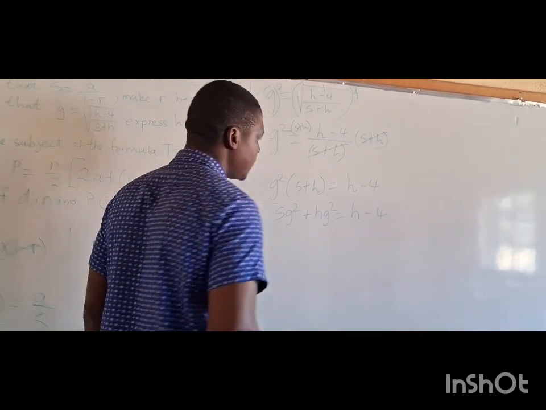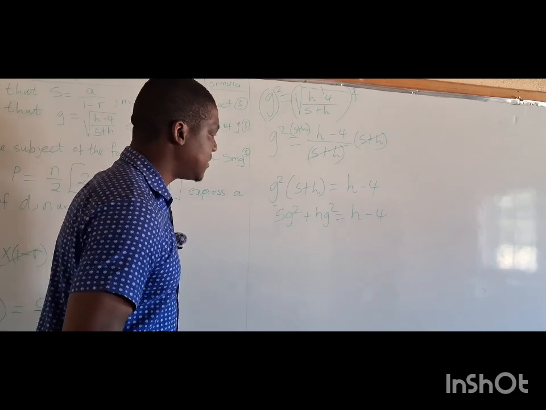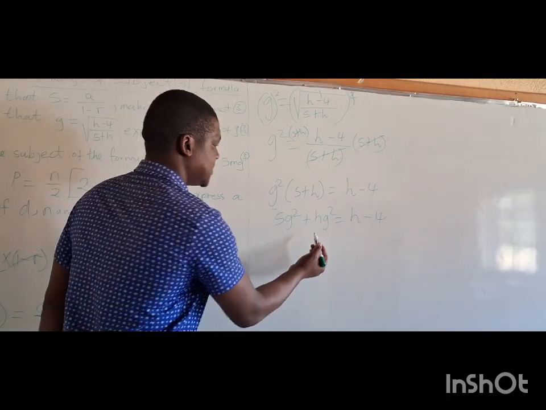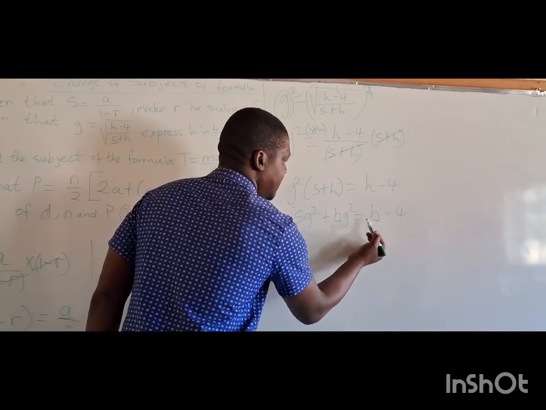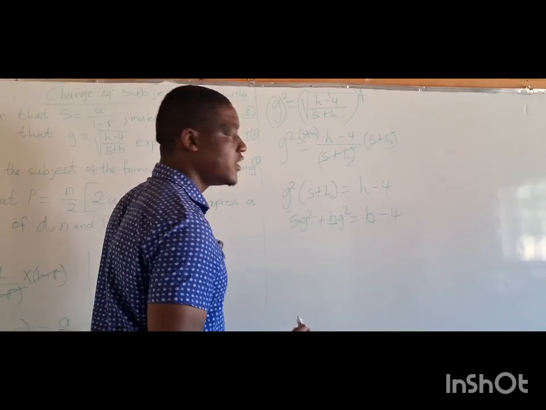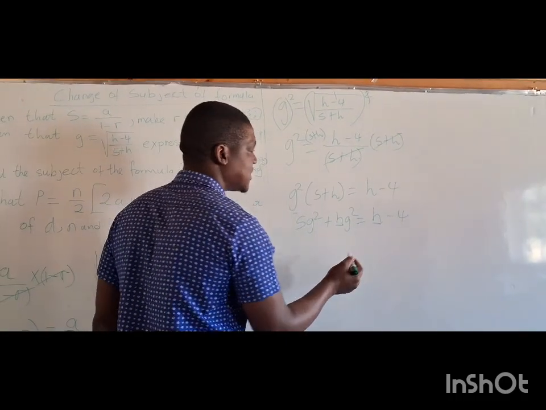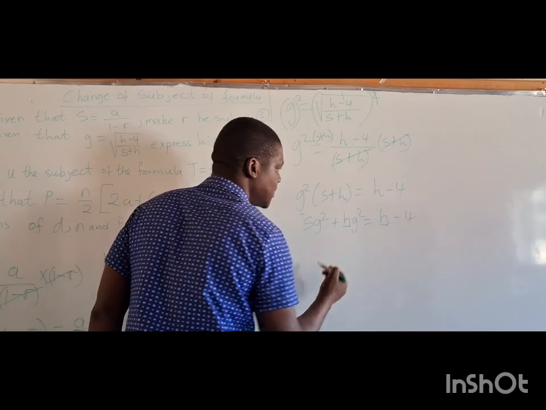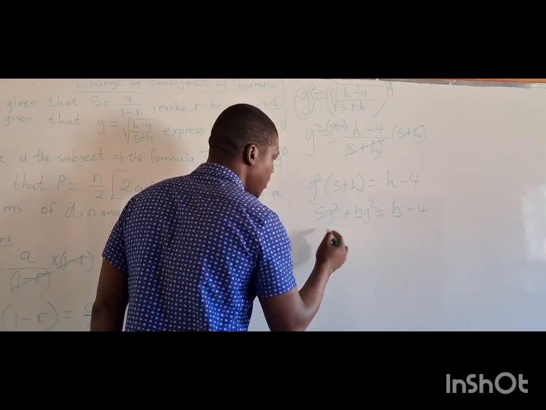Right. We want to make H the subject. So you can see we have H here and H here, so we have to move them to the same side. We are moving this minus 4 to this side.